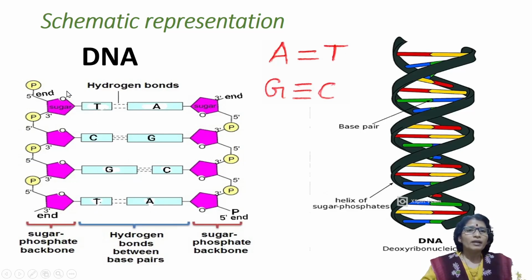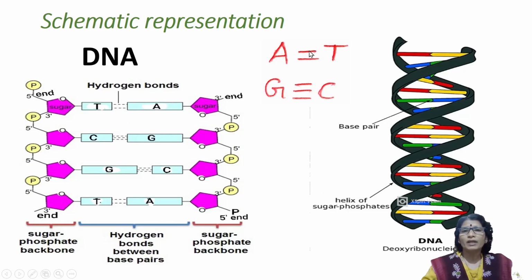Here, why I represented the blocks, some smaller and some larger, is because adenine and guanine, the purines, are larger in size, having a double ring molecular structure. But pyrimidines, thymine and cytosine, have a single ring molecular structure. That is why I represent thymine and cytosine with small blocks, and adenine and guanine with large blocks.